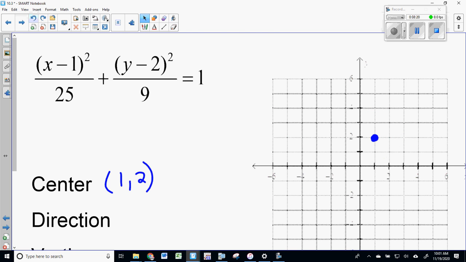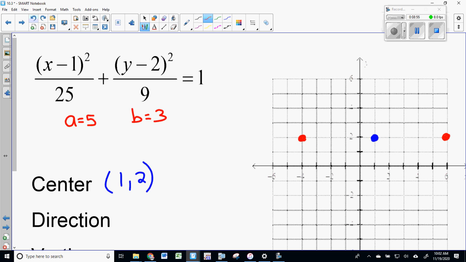So first off, from what we've talked about already, what is our A here? 25 is A squared, so A is just 5, and B is 3. Now, what I'm going to do is the number underneath the X is my A, 25, which is 5. So in my X direction, I'm going to go 5 each way. 1, 2, 3, 4, 5. 1, 2, 3, 4, 5.